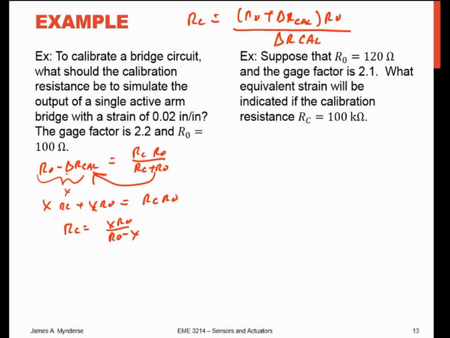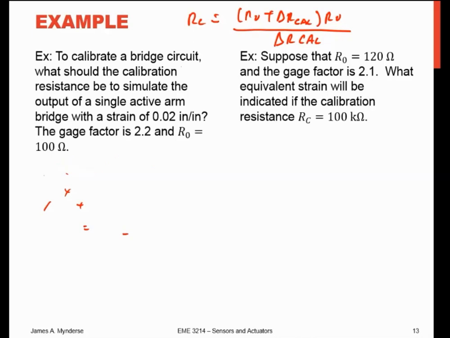Now the next part of it, I'm going to erase this. Need a bigger eraser. The next part is what value of delta RCal do I need? I have a strain, I have a gauge factor. So I know from my strain gauge equation that delta R over R equals my gauge factor, GF, times strain epsilon.